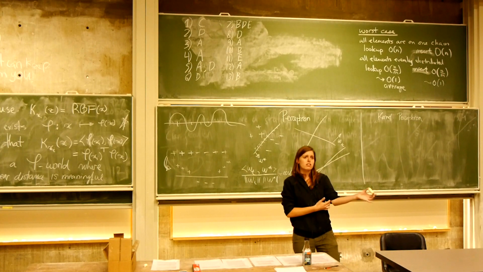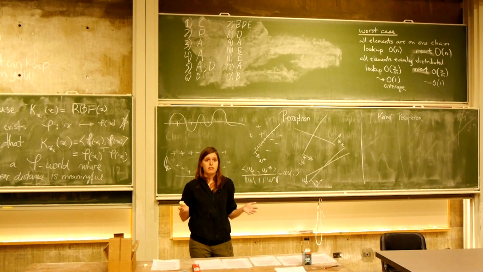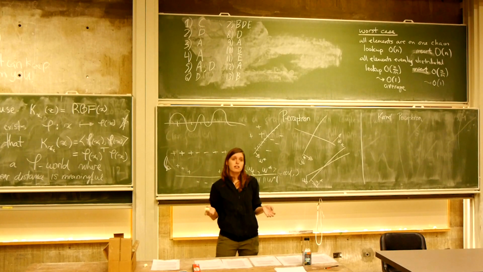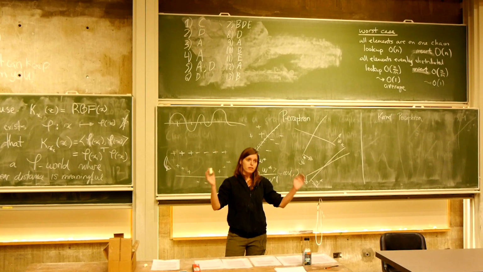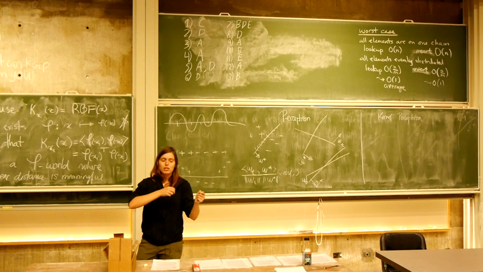In general, a space, I saw that the question was asked on Piazza, what is a space? A space is a mathematical technical term for a set of things, for example, functions, that I told you have certain properties. If it's a vector space, it has the properties that you can add them and you can scale them.